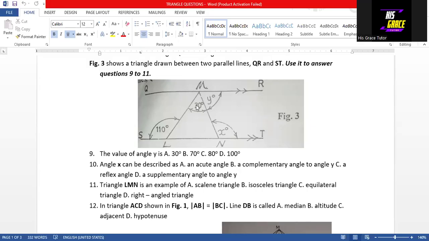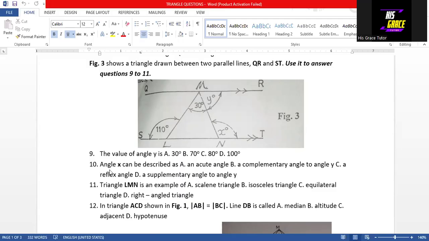Then 70 plus 30 is 100. So 100 from 180 will give us 80. So this angle here is 80 degrees, because the sum of angles in a triangle is 180. That means this angle here, which is 80 degrees, and angle Y are alternate angles. So angle Y would be 80 degrees. So option C is the answer.